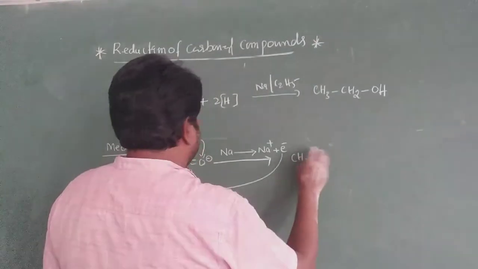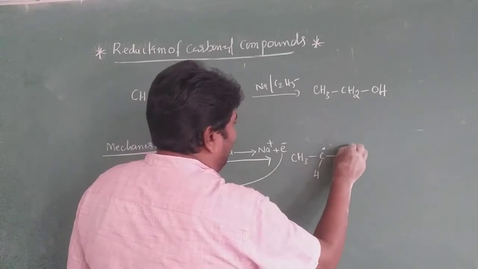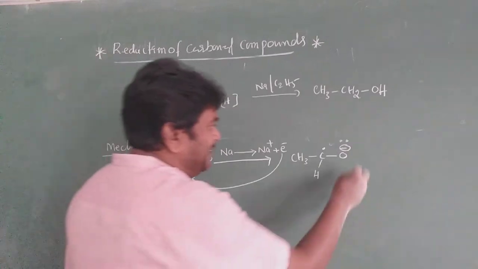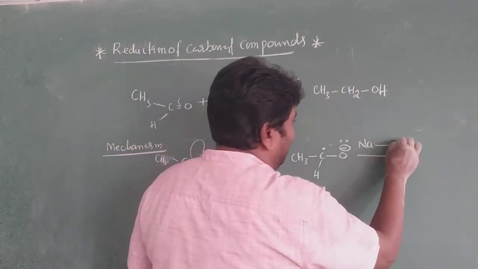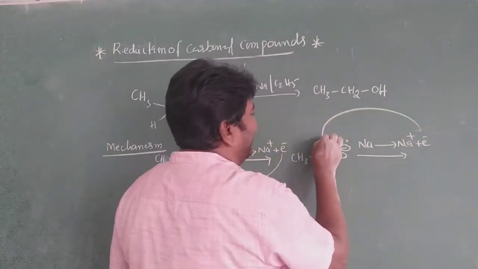Next, with one electron the oxygen has a negative charge, meaning two electrons. Again sodium metal gives Na+ and an electron, and this electron attacks here only.